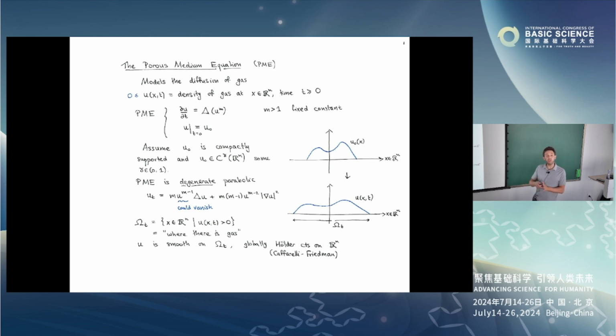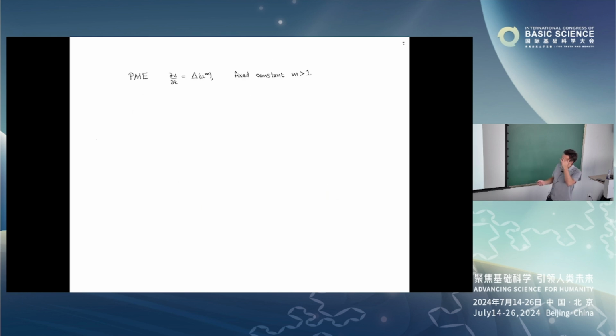If you're interested in global regularity, there's work of Caffarelli and Friedman from the 80s, which says that it's going to be globally Holder continuous on Rn. In fact, there are some interesting open problems there about what the optimal Holder exponent is. That's still an open problem, and not something I'm going to worry about in this talk. Okay. So this is the equation I'm looking at, the porous medium equation.